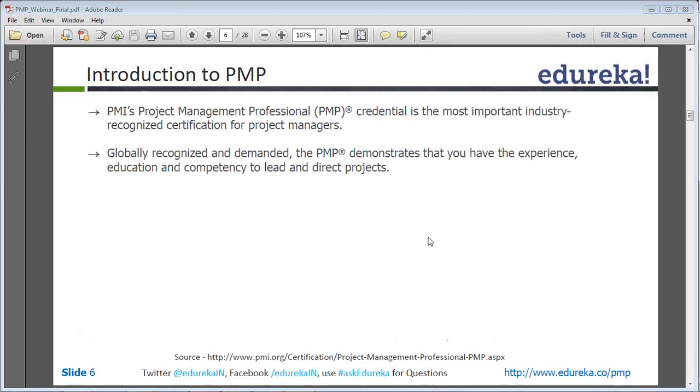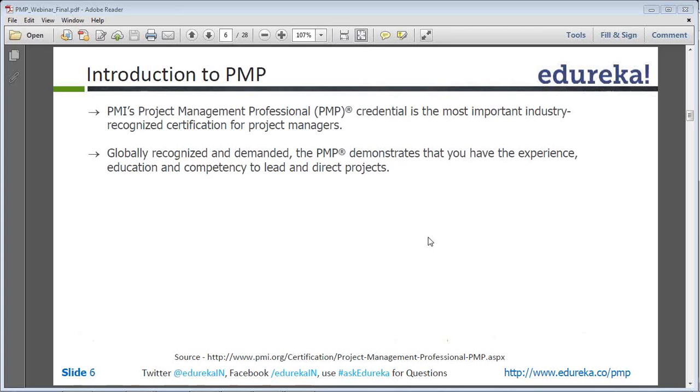So it is a very important, industry-recognized certification for project managers, and it's globally recognized and in demand. It demonstrates that you have the experience, education, and competency to lead and direct projects. Now let us understand one thing. The PMP exam is not basically to say that you learn project management.